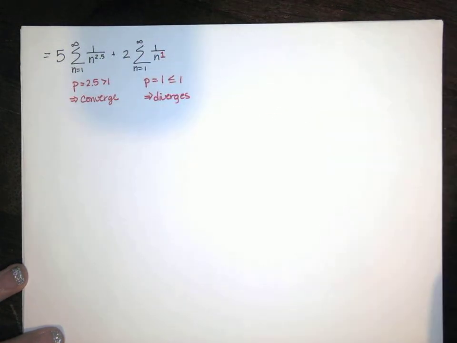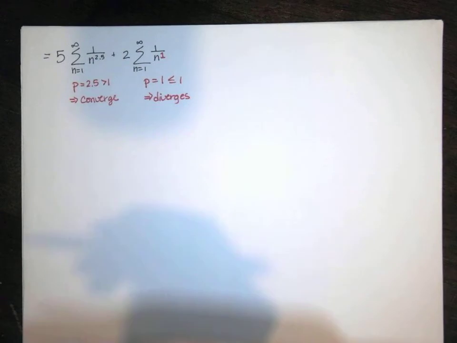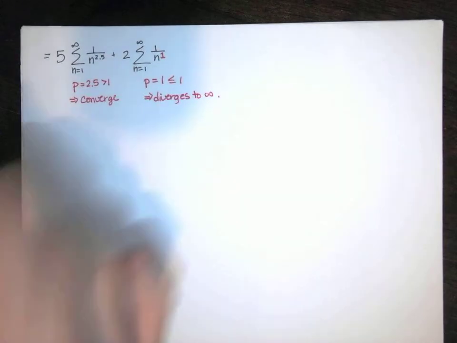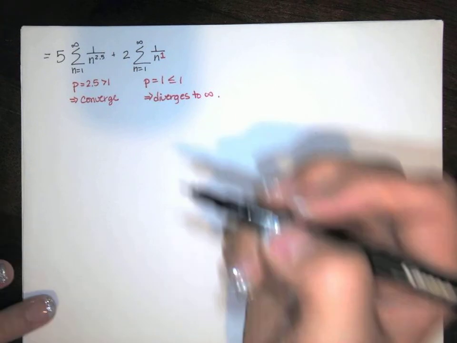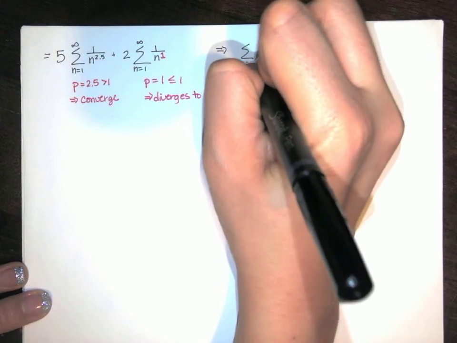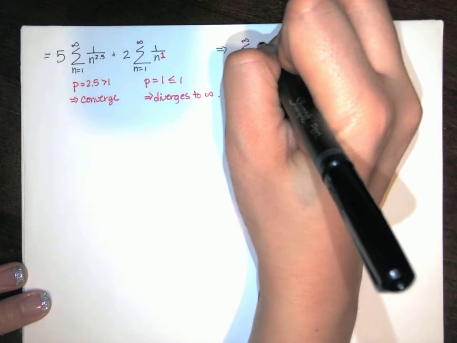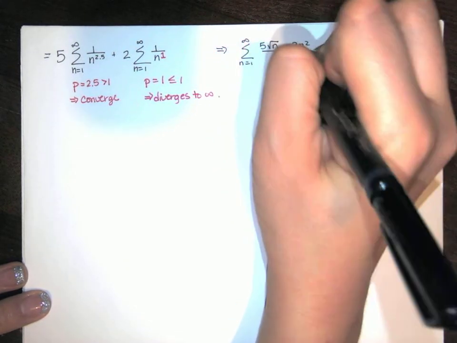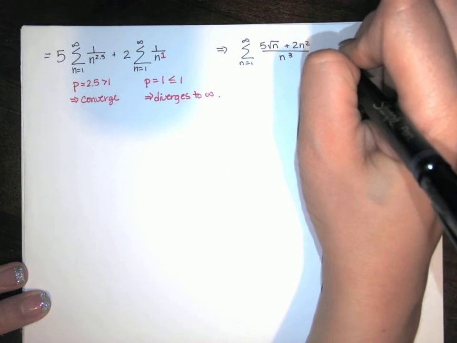Since this one diverges, and it diverges in a special way, it diverges to infinity, that means the original series also diverges to infinity. So I'm going to say this original series diverges to infinity.